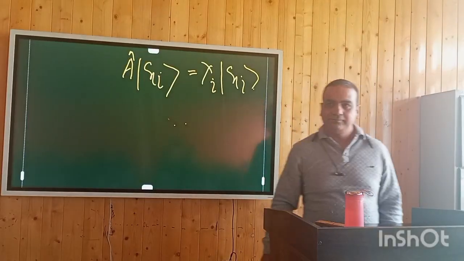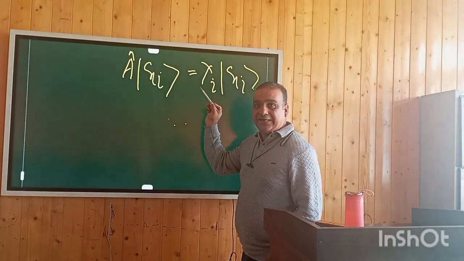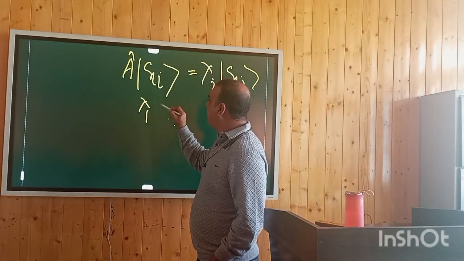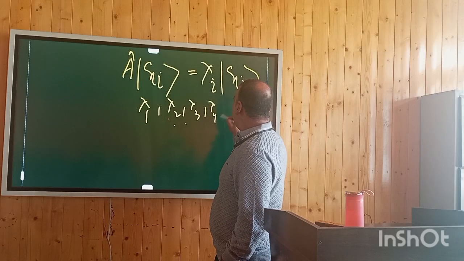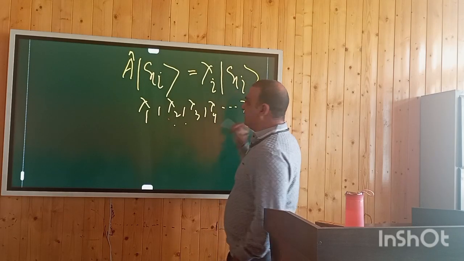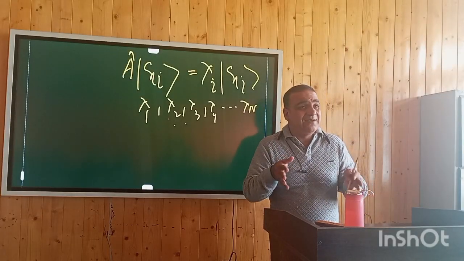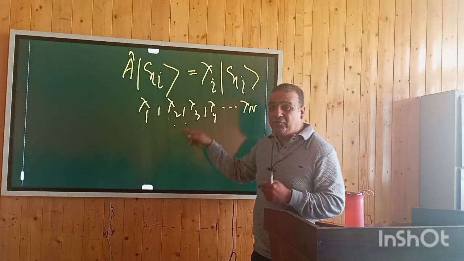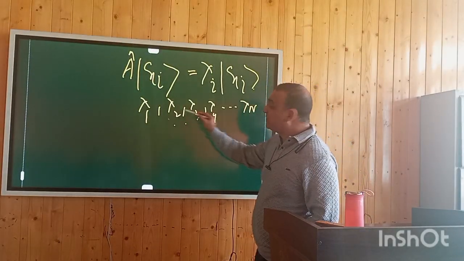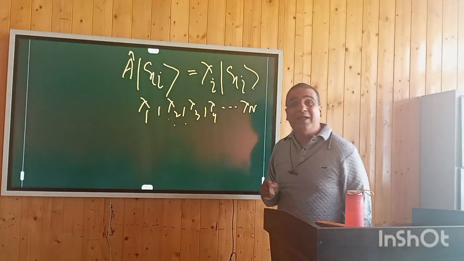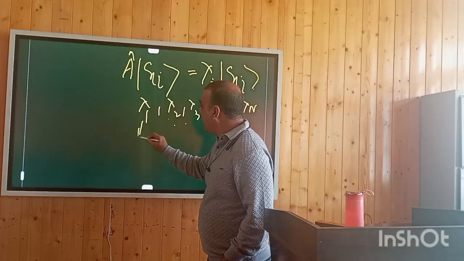Now, for lambdas, suppose I obtain lambda 1, lambda 2, lambda 3, lambda 4, and so on, lambda n. Now see, if you go to lambda n, your Hilbert space has n dimensions. If n is only 3, your Hilbert space has only 3 dimensions. Are you getting my point? So these are lambdas. Now corresponding to each lambda, you will have a corresponding eigenvector.